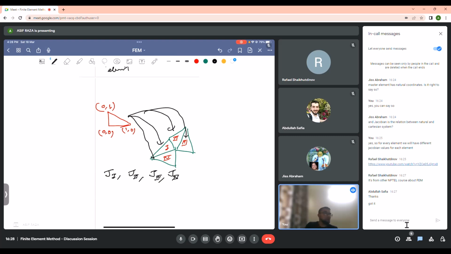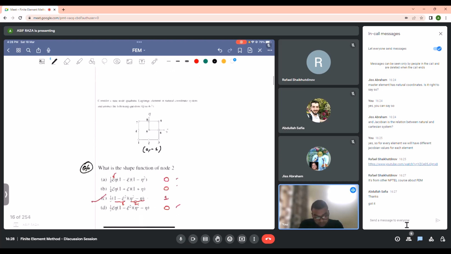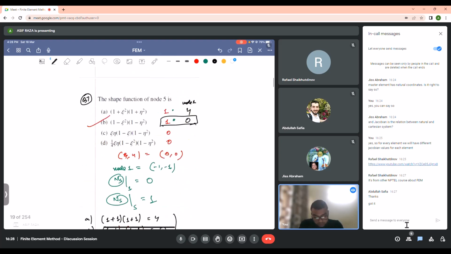They might be equal, but in general we can say they are not equal. If all the elements have an equal area, then there is a possibility that J1, J2, J3, J4, etc. will be equal. Okay, now let's move on to further questions.